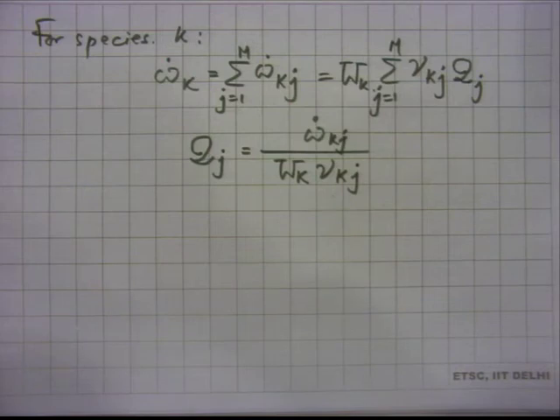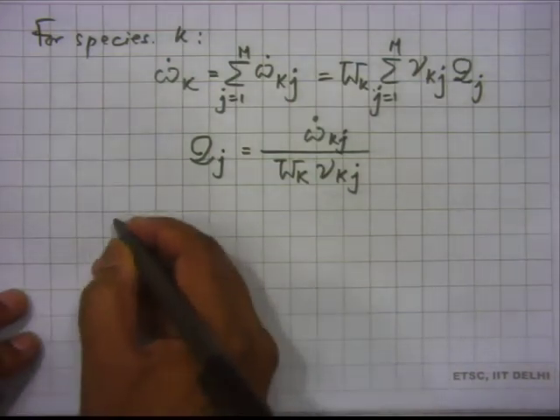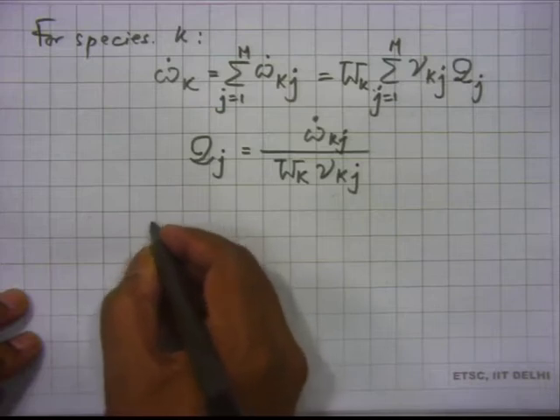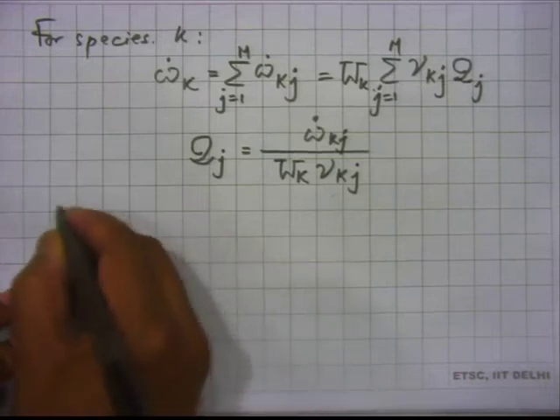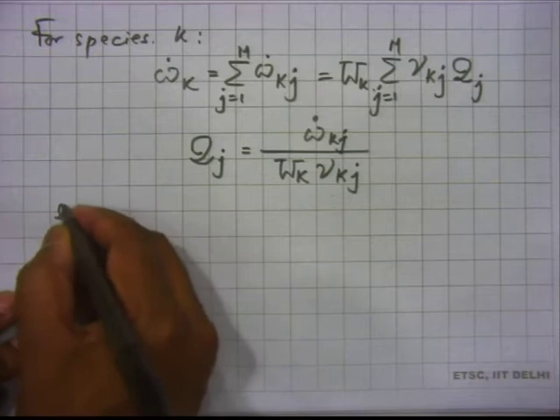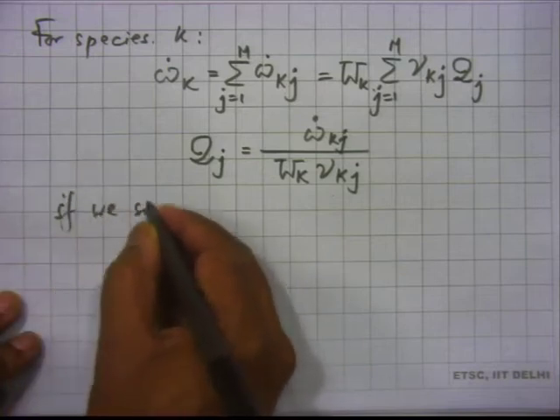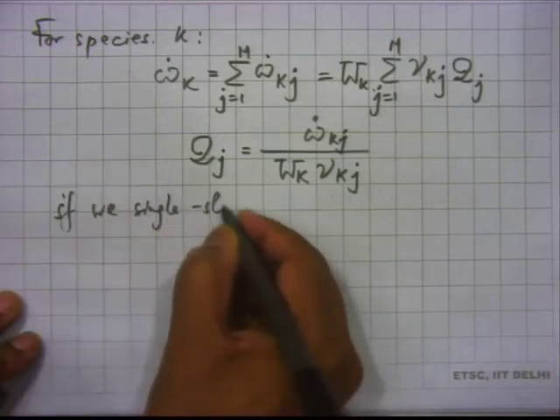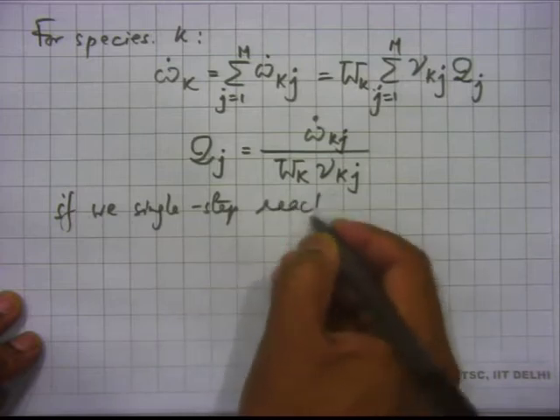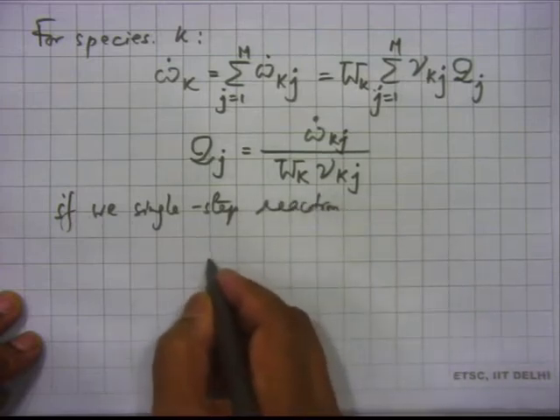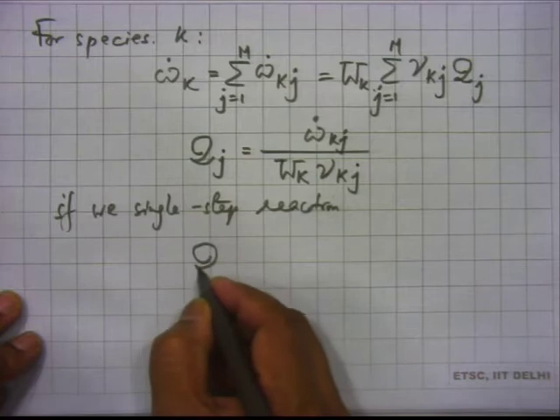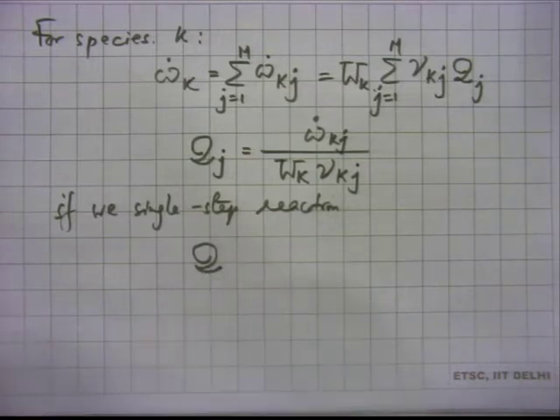And if we have a single step reaction, if we have a single reaction, then instead of capital omega j, we can just write this omega because there is just one reaction.